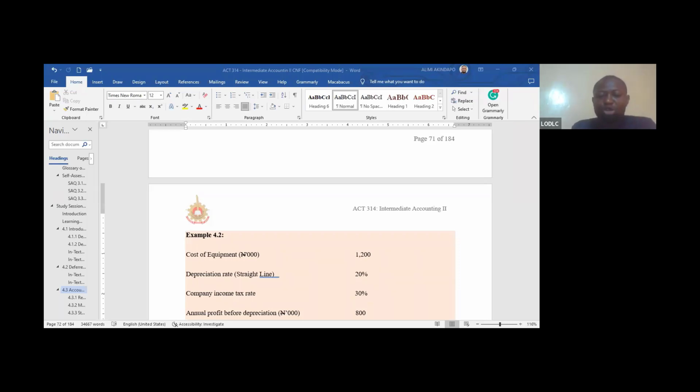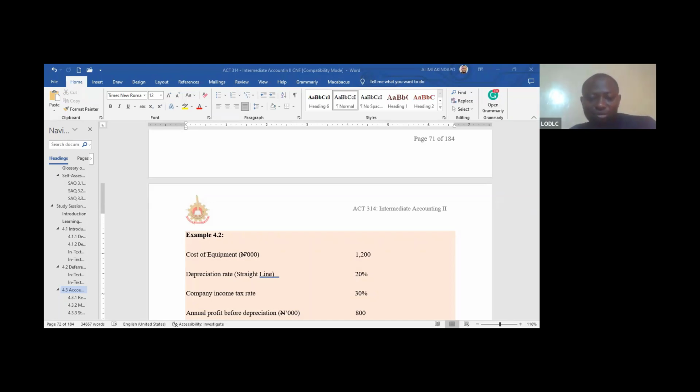Because the method chosen by the company will result at first in a larger deduction than the method used by the tax authority, automatically their income will be higher than what will be considered taxable income. So in that case, the temporary difference will be added back as a liability to the balance sheet. So that is what deferred tax liability is talking about.